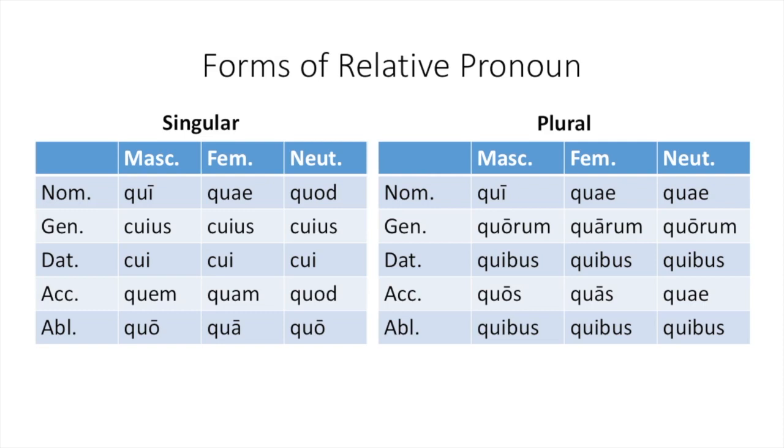Most of the other forms of your relative pronoun follow first and second declension endings. The dative and ablative plural endings, quibus, follow the third declension. So that's your relative pronoun and its forms. Pause your video and finish copying them down, and hit play when you're ready to learn how this is used in Latin sentences.